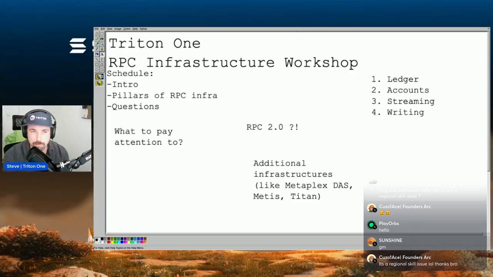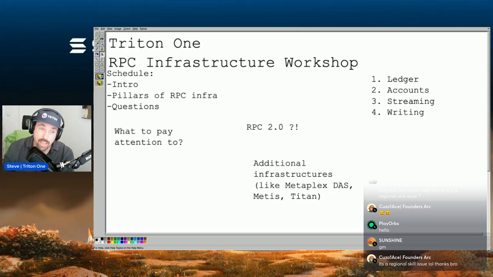So what this means is that you have a computer, which is probably running a program or a script, or a backend that's running a program or a script. And anytime it needs to find out about the current account state of any account on Solana, it sends a question over the public internet or over a private network to another computer, and it asks, what's the account state for this account?